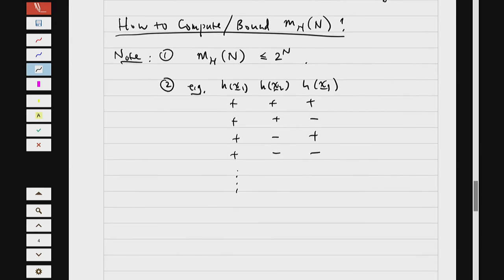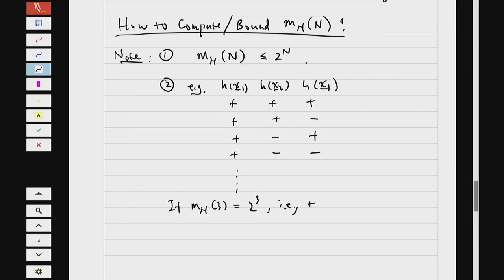Suppose there is some x1, x2, x3 for you to get all 8 possibilities. Okay, so if m_H(3) equals 2 to the third power.